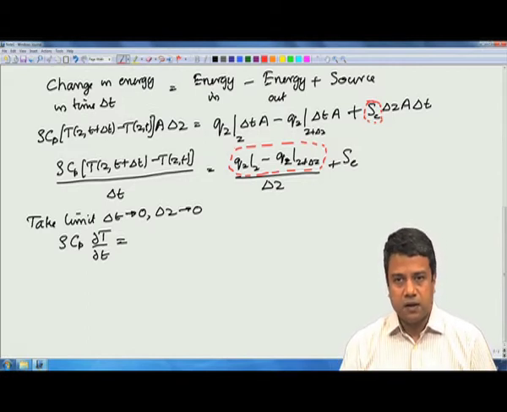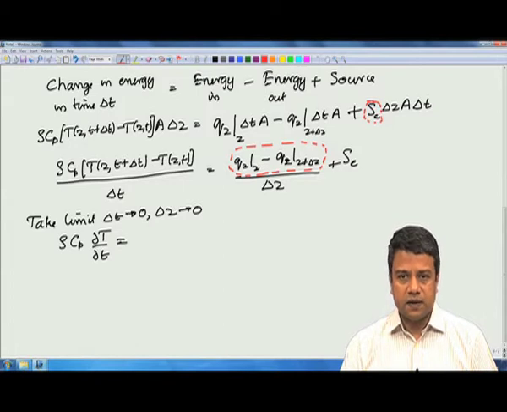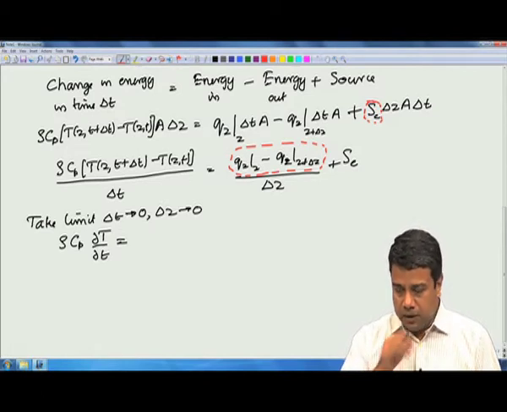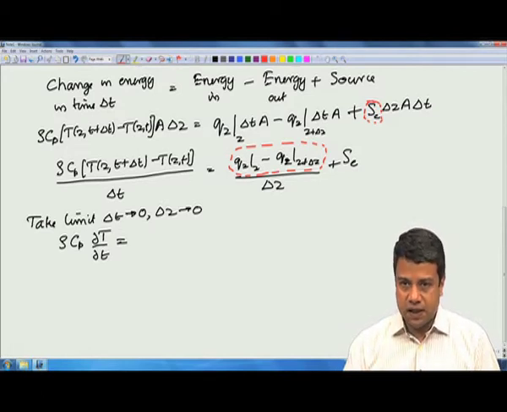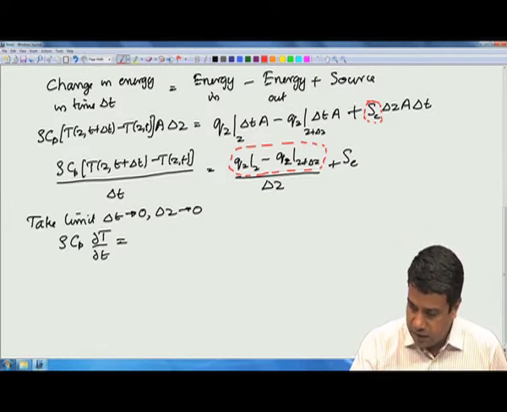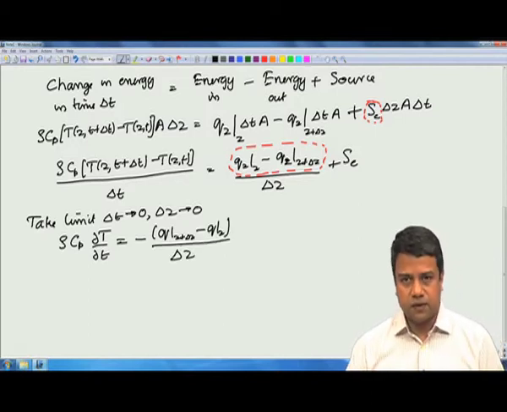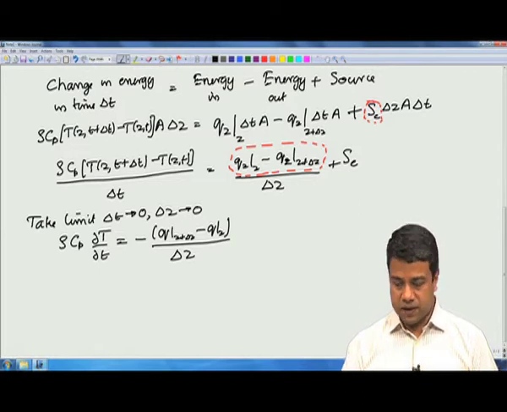Okay. Normally, we write the derivative as q at z plus delta z minus q at z divided by delta z. So, this is basically the negative of the derivative with respect to z. Okay. So, this is equal to minus q at z plus delta z minus q at z by delta z. I have just written it with a negative sign outside. Okay.